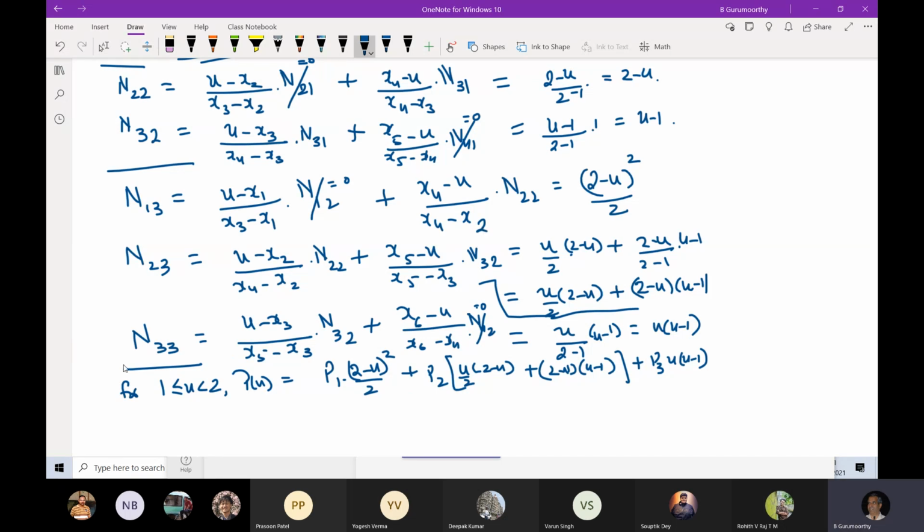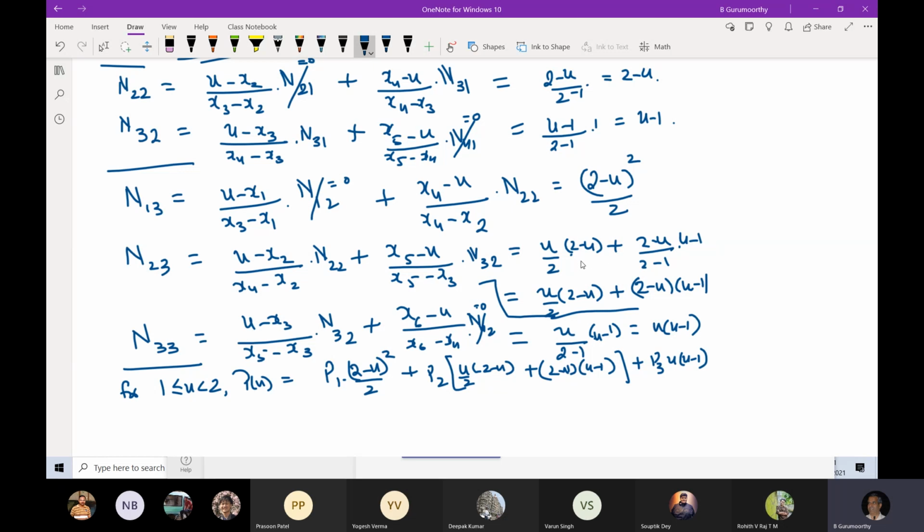And then I calculate the second term, which is second basis function N23. Again, i is 2, k is 3. Therefore, this is x4 minus x2. And this is i plus k and i plus 1. And that's N32. And both are defined in this case. So I have 2 terms.